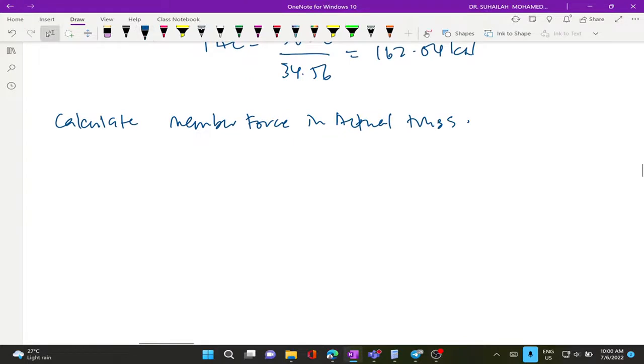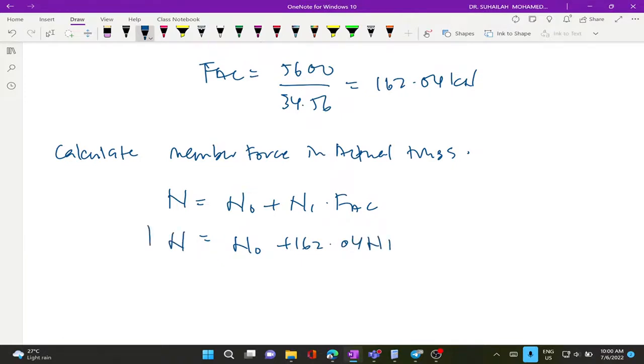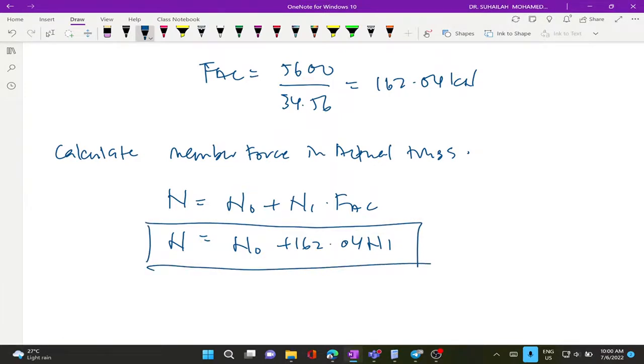By using the principle of superposition, we get N is equal to N naught plus N1 times FAC. This is the formula to get the final answer, which is the member force in the actual truss.